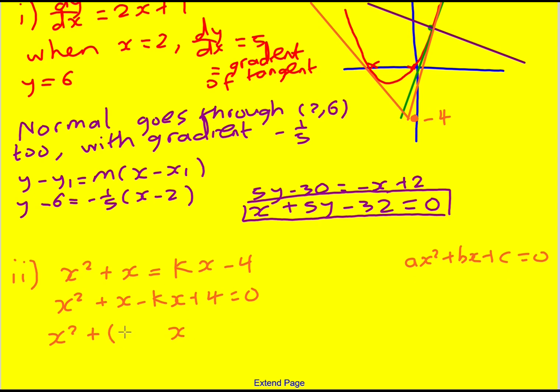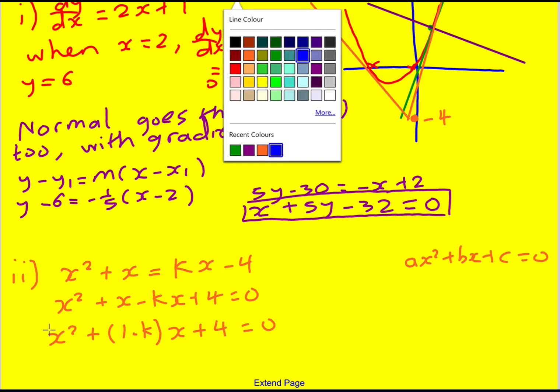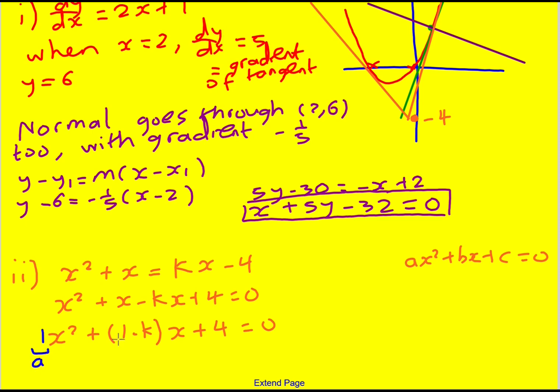So I'll put it on the right-hand side. It's going to be 1 minus k. That is my coefficient of x. This gives me a equal to 1, b equal to 1 minus k, and c equal to 4. So b squared minus 4ac equals 0 for the tangent.